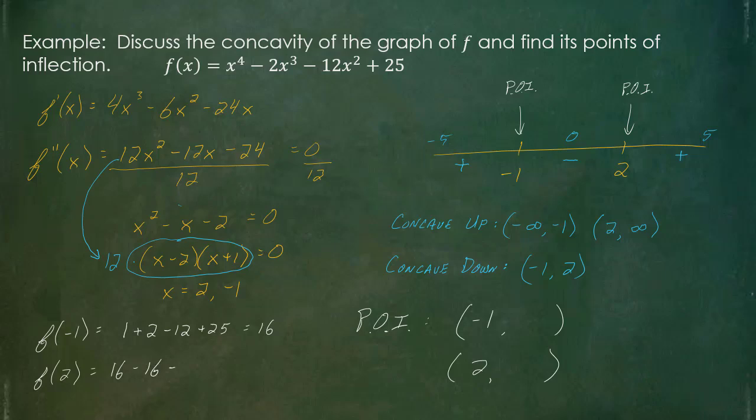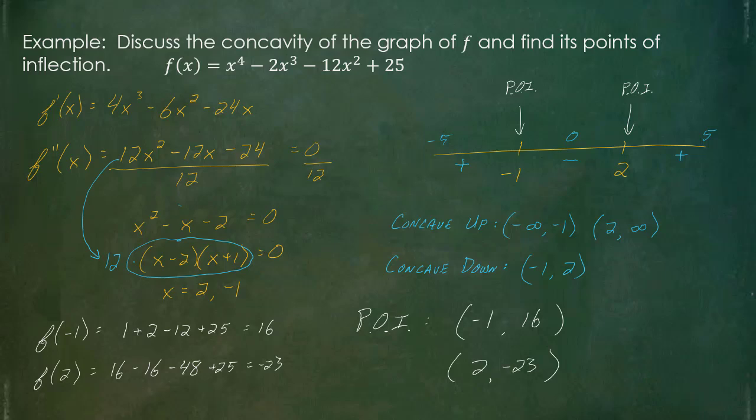Then I've got minus 12 times 2 squared, so minus 12 times 4, which would be 48, and then plus 25 at the end. So that would be a -48 plus a 25, which would give me a -23. So that means that one point of inflection is at -1 comma 16. The other one is at 2 comma -23.